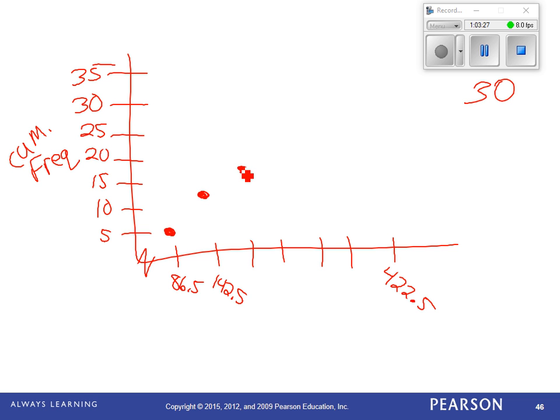Then 24. Then 26. Then 27. Then 30. Probably too high. And then all we're going to do is connect them.